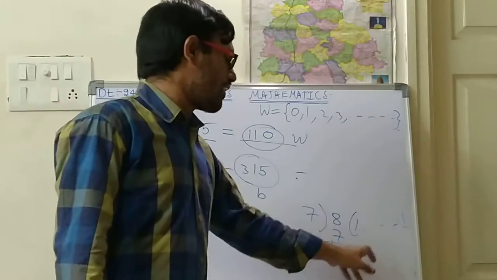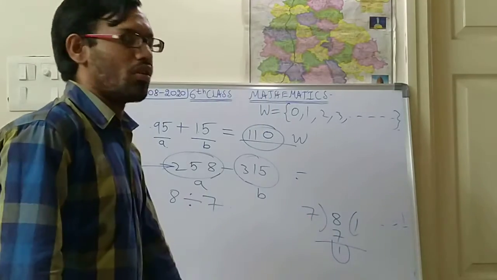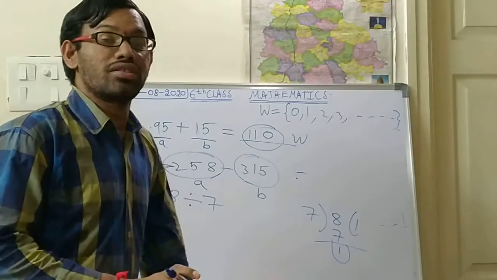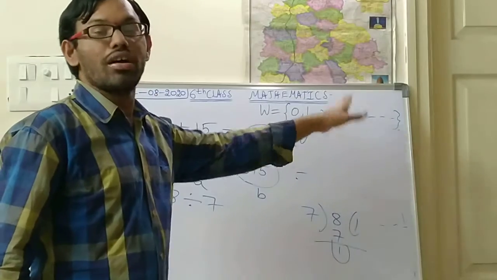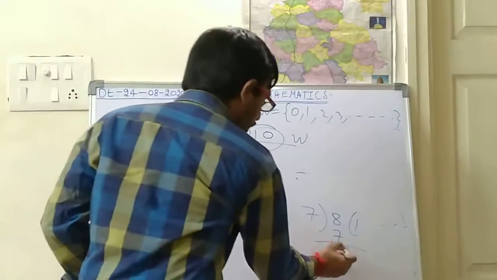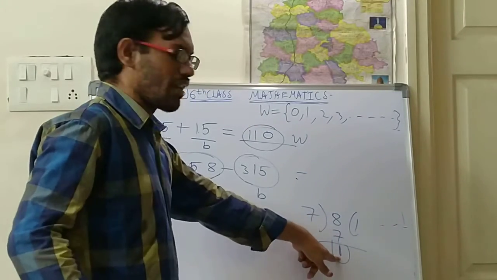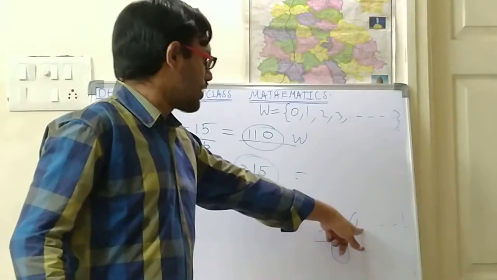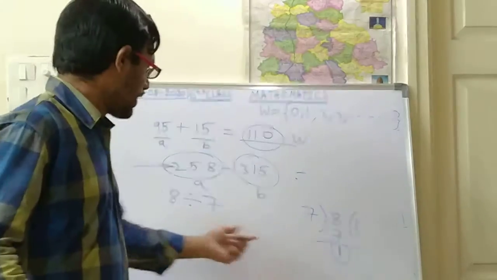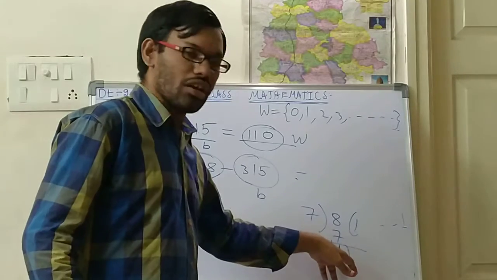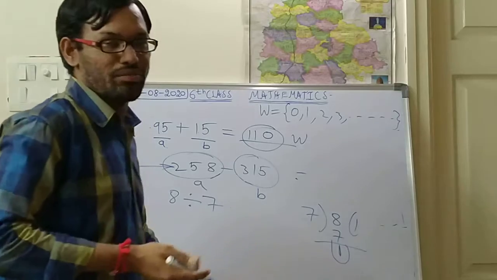Some of you have taken the decimals also. You are not supposed to take the decimals here. We are just seeing whether the result will be a whole number or not. Here the remainder is 1, but if you get the remainder as 0, then this division property will be satisfied. But here the remainder is 1 only, so you will be getting a decimal point.